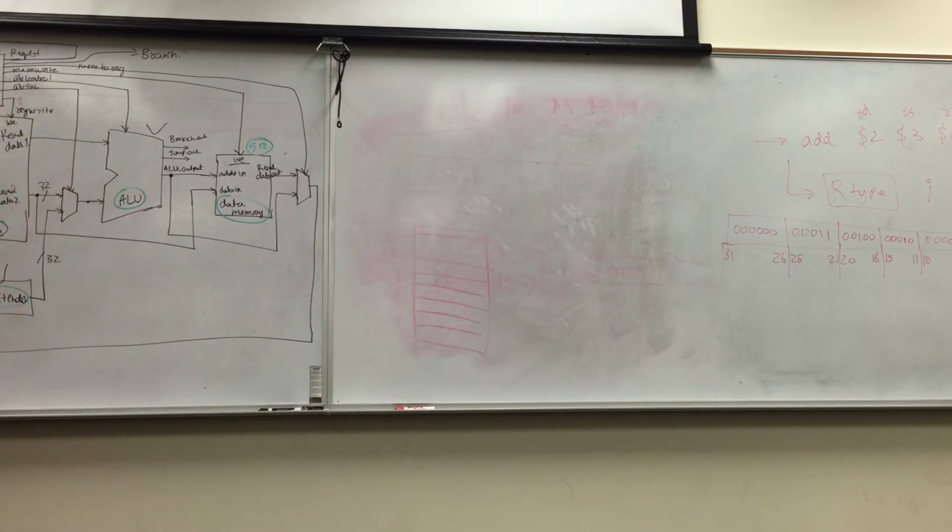What should be the value of ALU source? 0. 0? Correct. So it has to select this output. It should not select the immediate value, right? It should select the value from the register. So this should be 0. Okay? So this read data 2 will come here. So this is the path, and then this is the path.